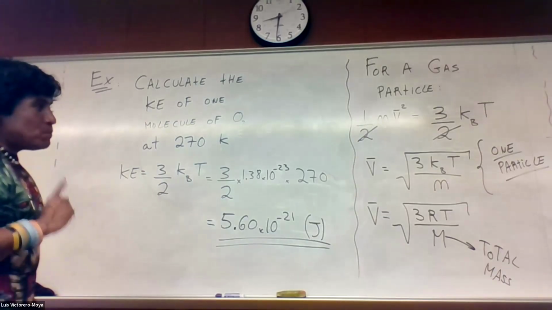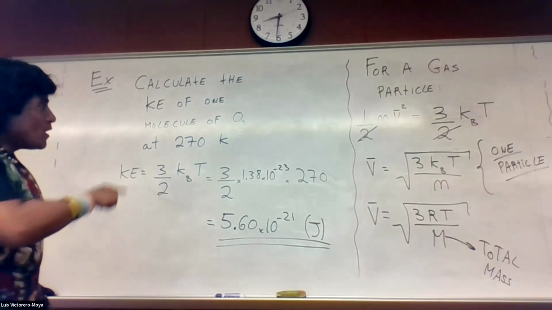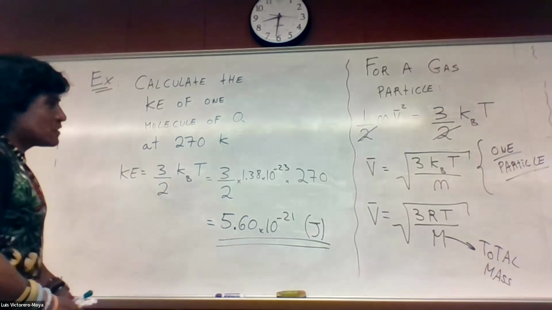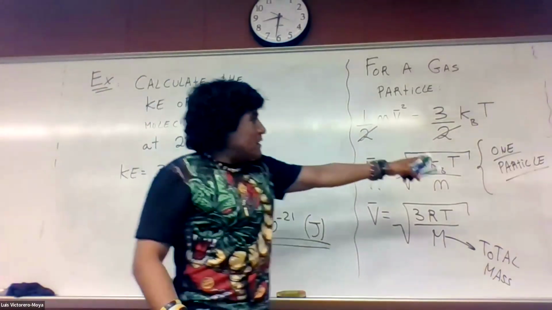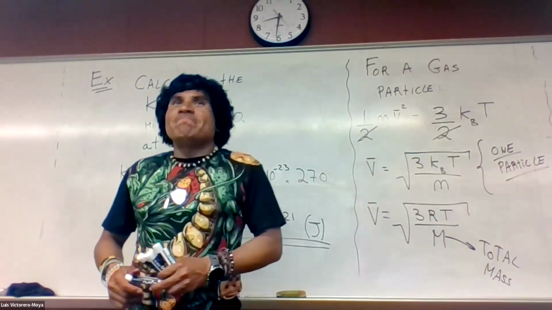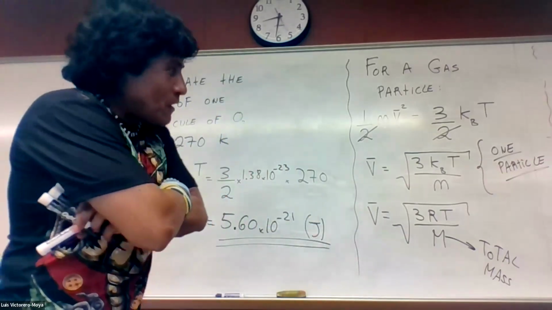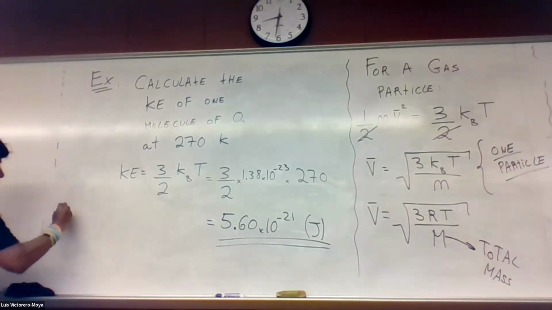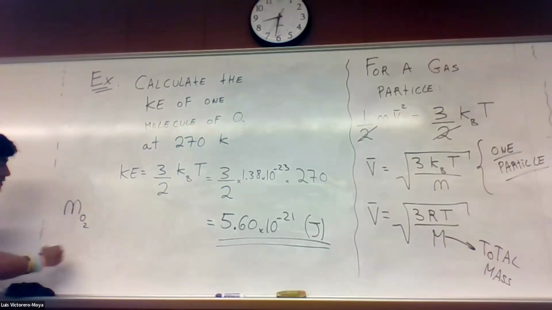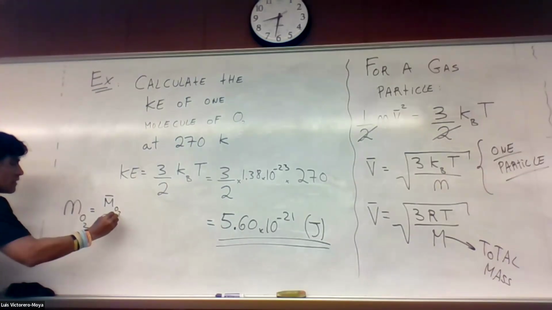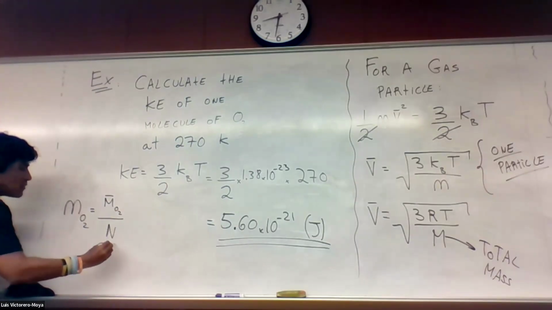So how will you find the speed of oxygen? Let's expand on this question. So we have for one particle this. I need a mass of the oxygen molecule, and you already know how to find it. The mass of any molecule or atom, in this case of oxygen, will be the molar mass of oxygen divided by the Avogadro's number.